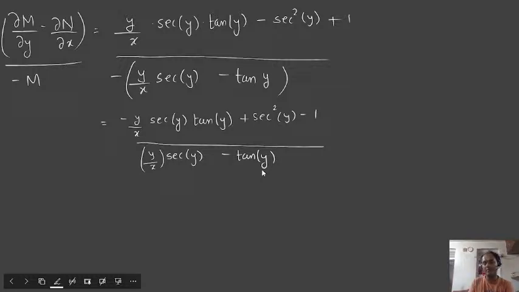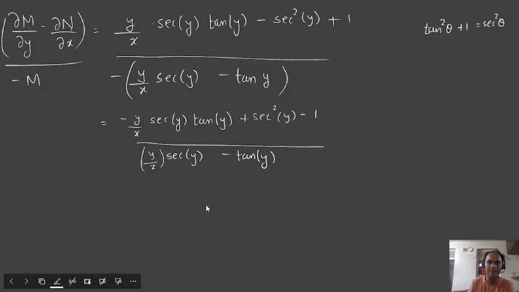Now what do we do regarding this? We have sec² minus 1 here, so we need to write the identity for tan. We know that tan² theta plus 1 is going to give you sec² theta.